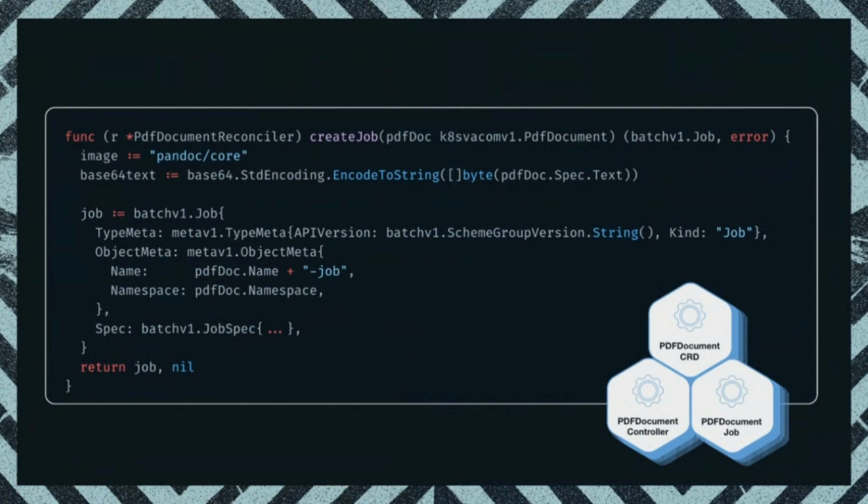And just return a job, and that's it, right? So you call this function from the reconcile function of the PDF document reconciler, and you're good to go. So now we can see the three components that we designed previously being actually implemented within the code.